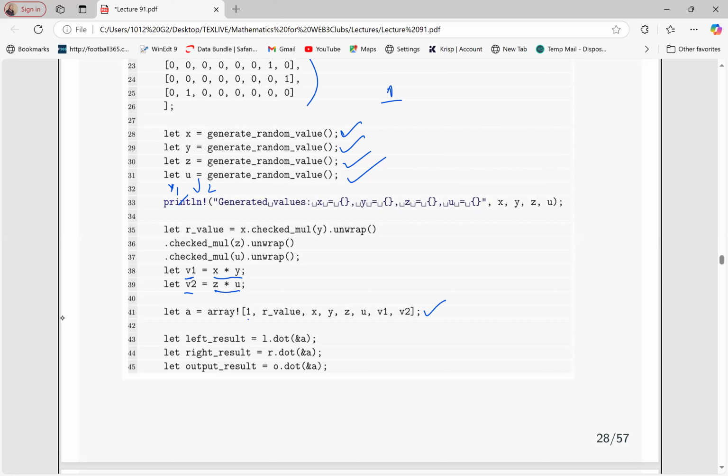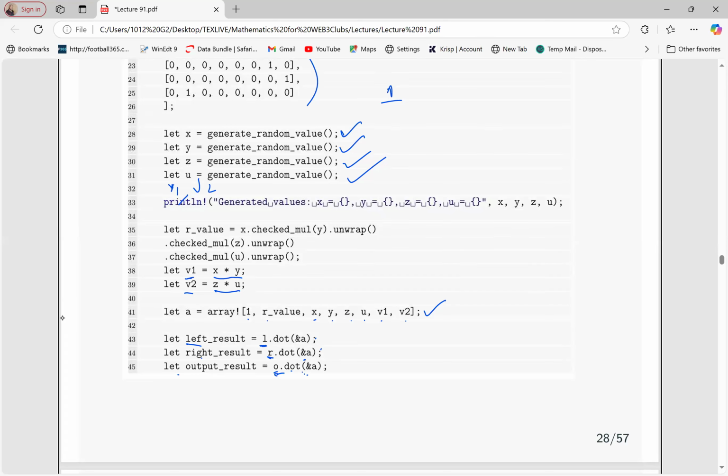Our witness will be 1, R, then X, Y, Z, then U, V1, V2. Then the left result will be L times the witness, then the right result R times the witness, then O times the witness, this is the output.